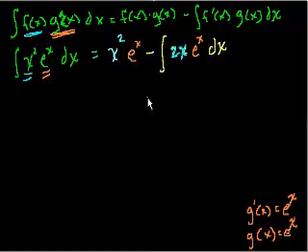So let's do that. Let me do it separately. I think you're getting a little bit of the hang of it. Along the same vein, this is f of x, and this is g prime of x now, right? We're doing integration by parts within integration by parts.